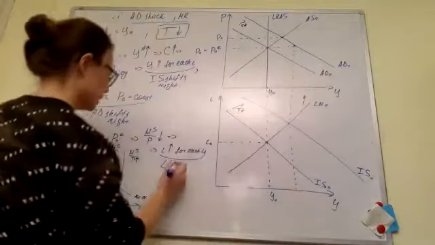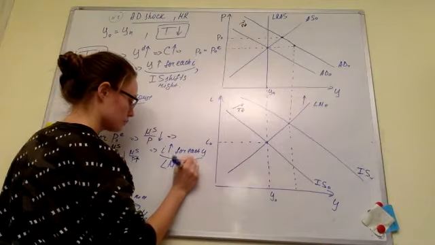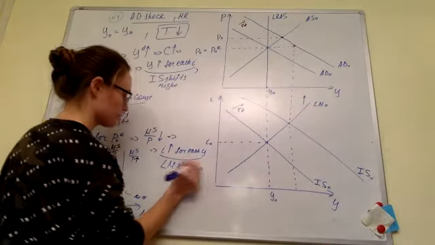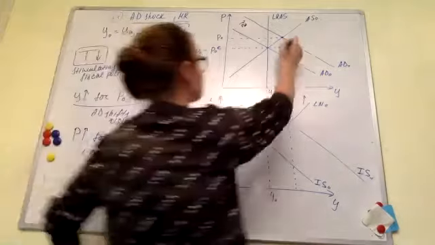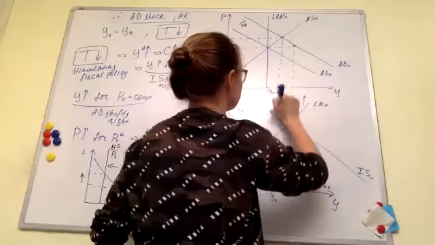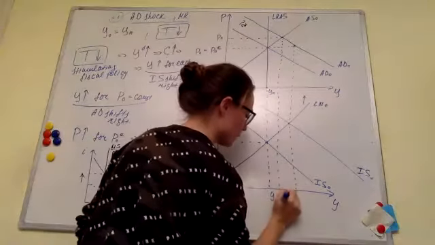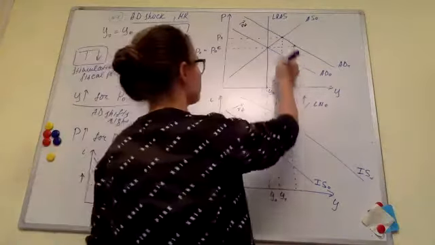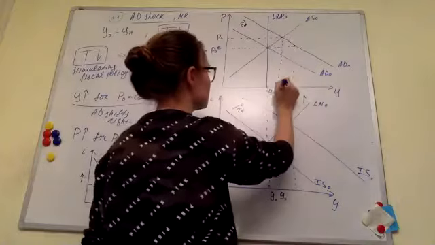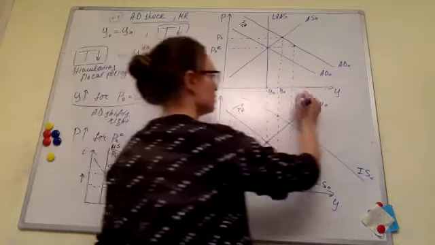LM shifts up. And where we need to shift it is where we will have the new price level in the short run. This will be Y1, for the new price level.